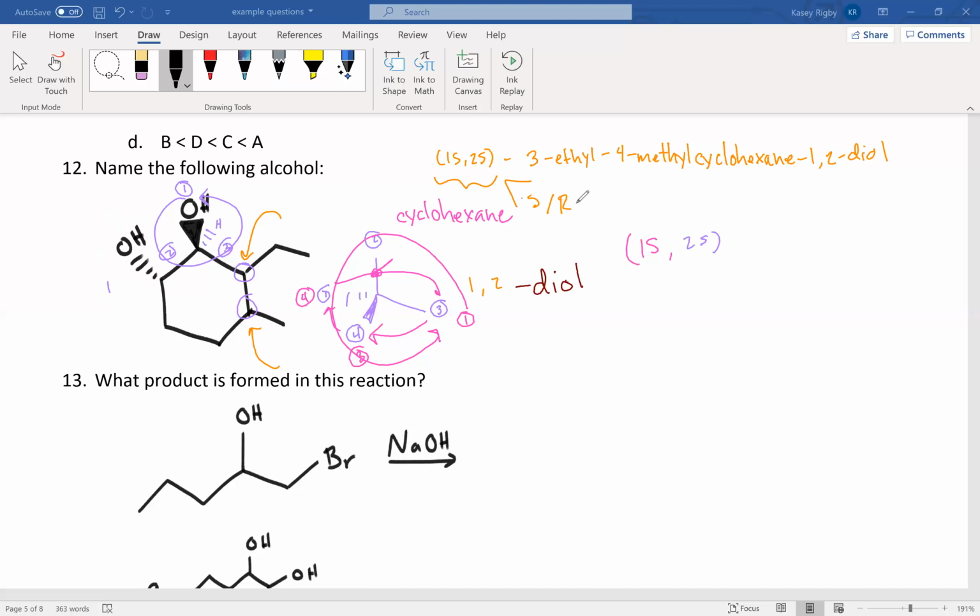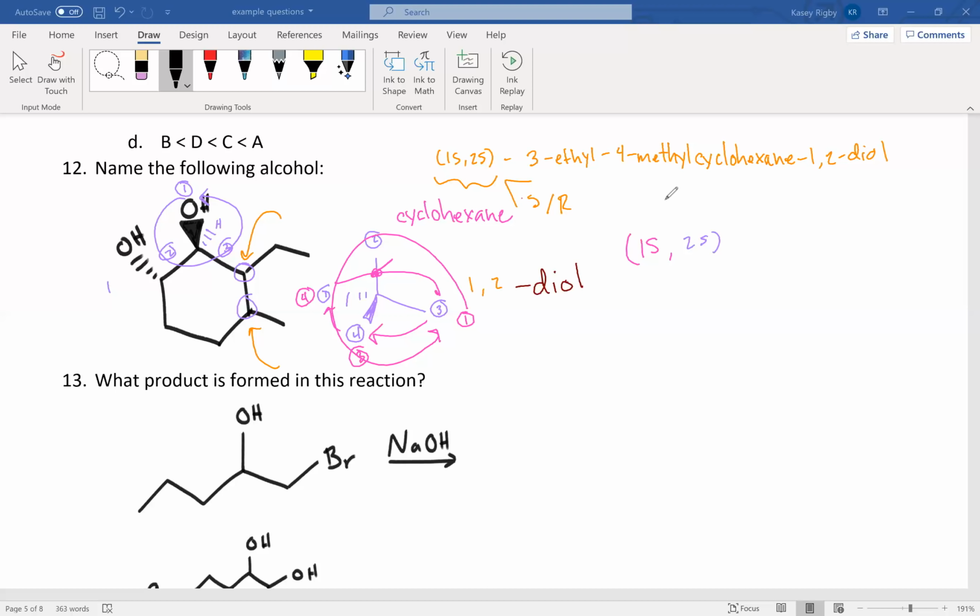I would have talked to him about that if 1S, 2S was wrong, because I personally believe that 1S, 2S, 1R, using the stereogenic conformations is more correct, in my opinion, than doing trans or cis.